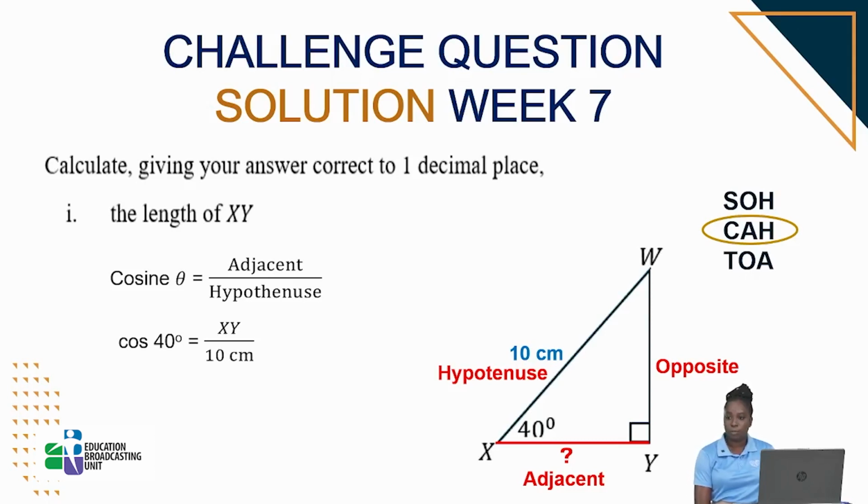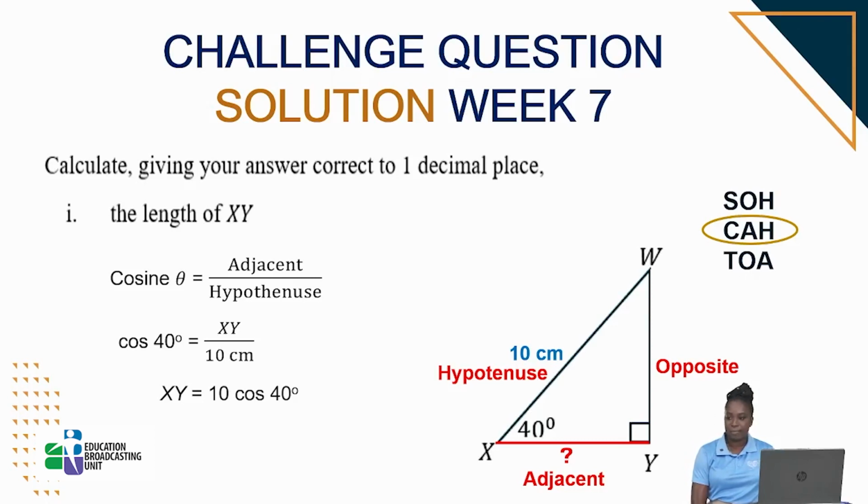We are going to cross multiply, so that we can have XY on one side of the equal sign and everything else on the other side of the equal sign. So we are solving for XY. When we cross multiply, XY is equal to 10 cosine 40.